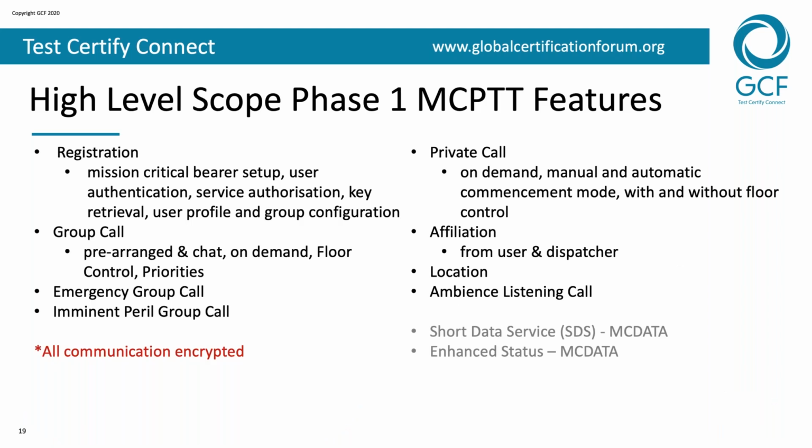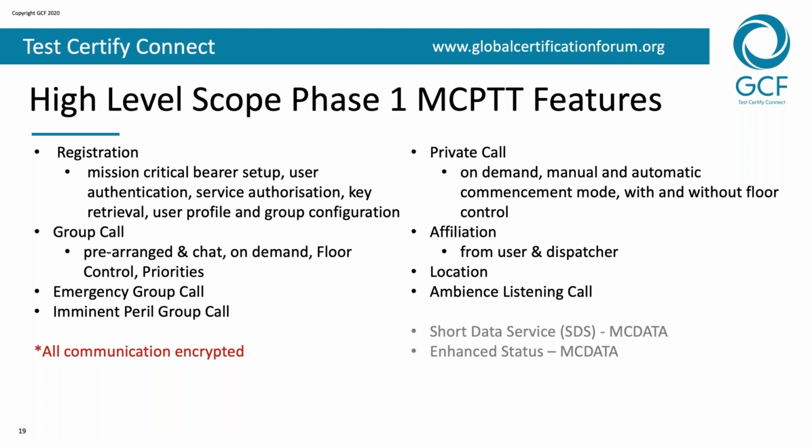The high-level scope of phase 1 features to be covered are essentially mostly mission-critical push-to-talk features. They're mostly in relation to on-network calls. There's a couple of MC data features that we're adding in as well, because they are being used in existing deployments. That is short data service and enhanced status.